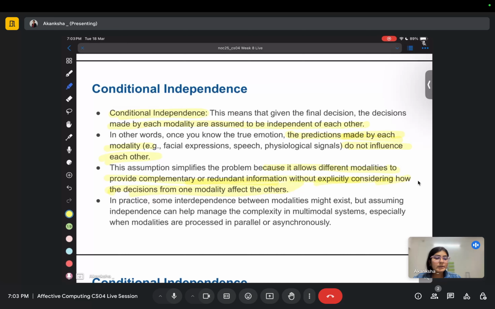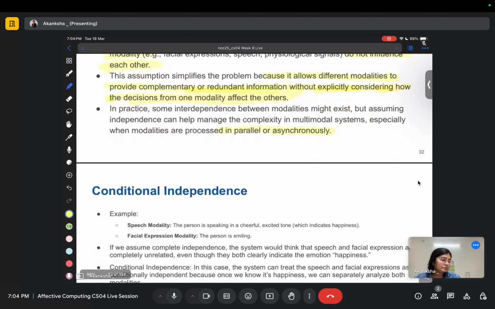Some interdependence is always there, some redundant information is always there, but assuming this independence, that my facial expression, I can process it alone without my voice, so they are kind of independent of each other. Again, they're not unrelated, but they are independent, so we can process them independently, in parallel or asynchronously.